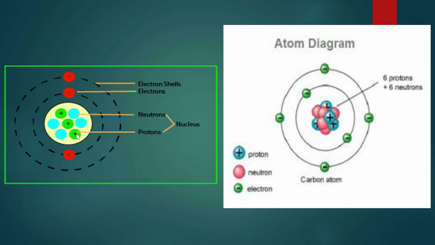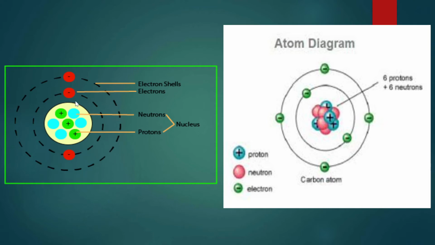And the electrons are found revolving round the nucleus in shells or orbits. These shells are also called orbits, and as we know, electrons are negatively charged particles. So, these electrons are found revolving around the nucleus in orbits or shells.